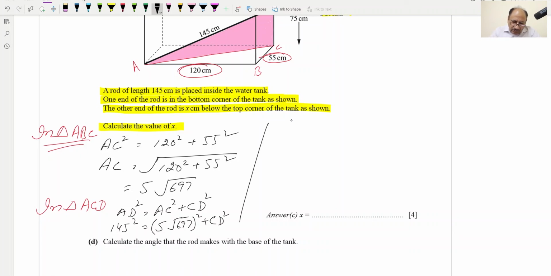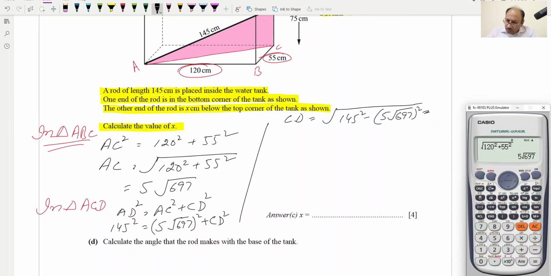Now we can calculate CD. CD will be equal to the square root of 145 squared minus, in brackets, 5 under root of 697 squared, and this is equal to 60.